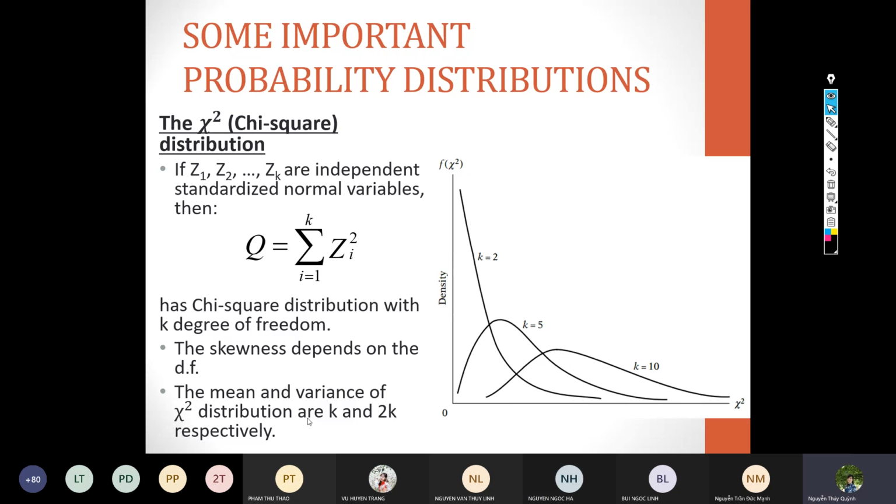Oh, okay. So we use some mathematical techniques here, and they help you to prove that the mean and the variance of Q here are k and 2 times k respectively.